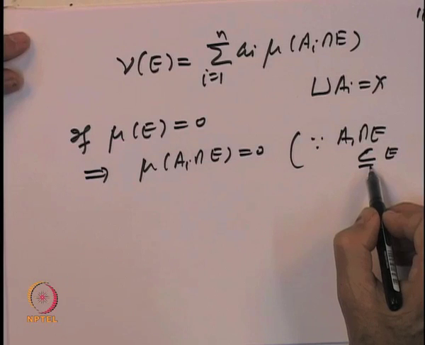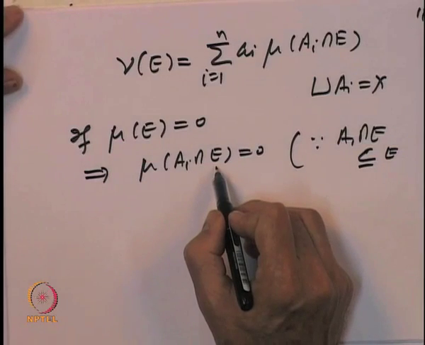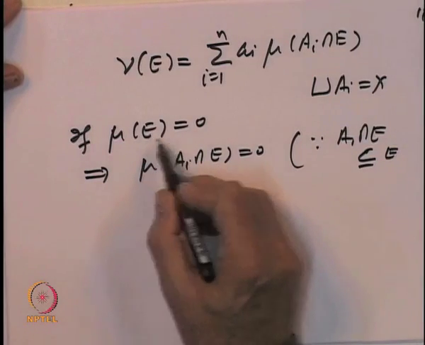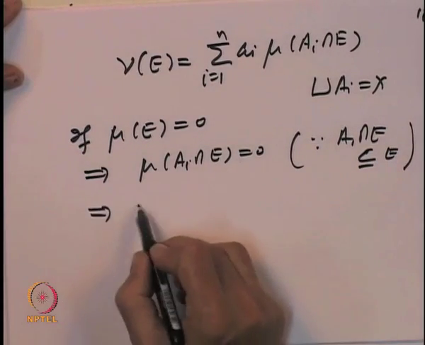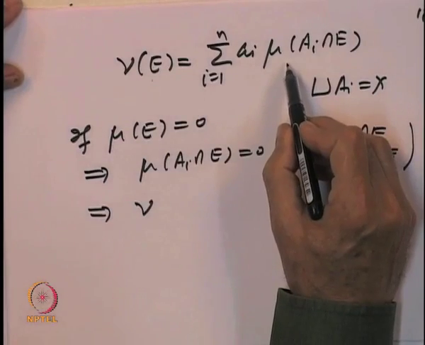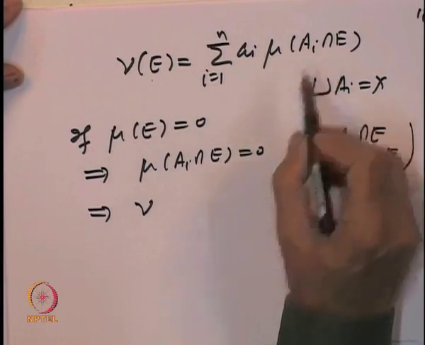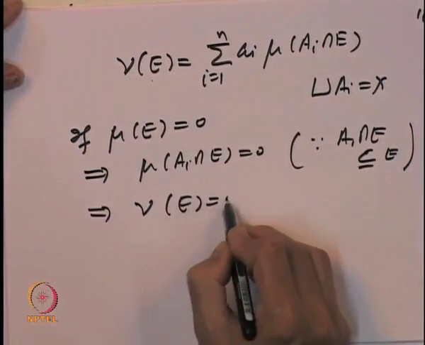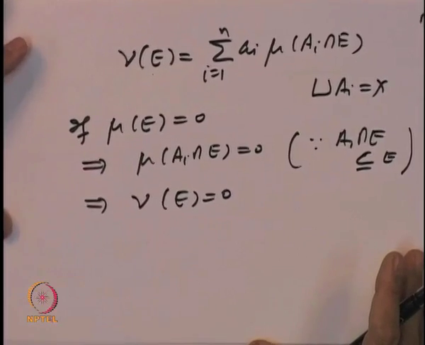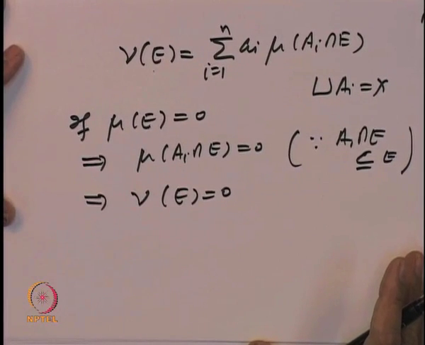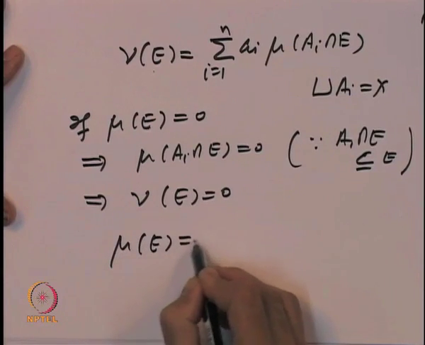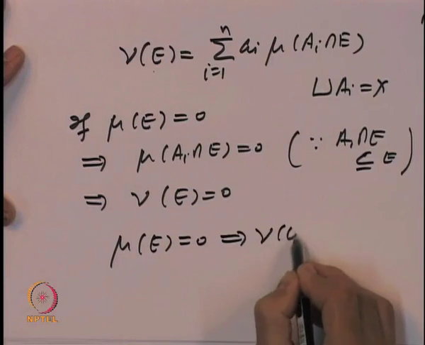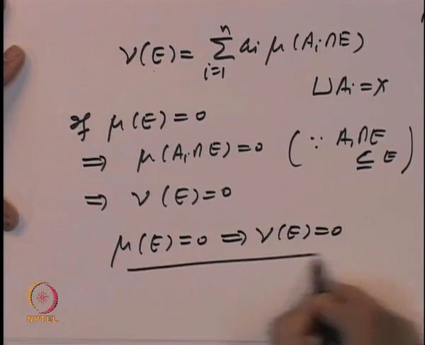So, mu is also monotone, right. Mu being monotone, mu of a_i intersection E is less than or equal to mu of E, which is equal to 0. So, that means this is equal to 0. So, each term in the definition of nu of E is 0, which means nu of E is 0. So, this new measure, which is defined via integration of non-negative simple functions, has the property that mu of E equal to 0 implies nu of E equal to 0.